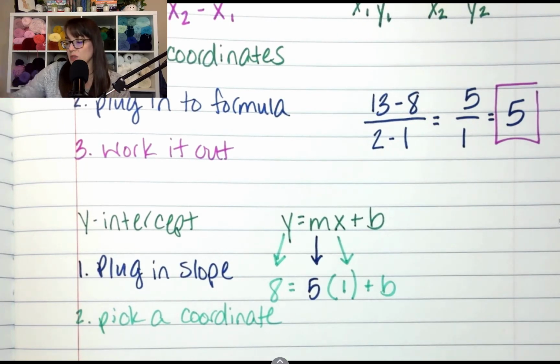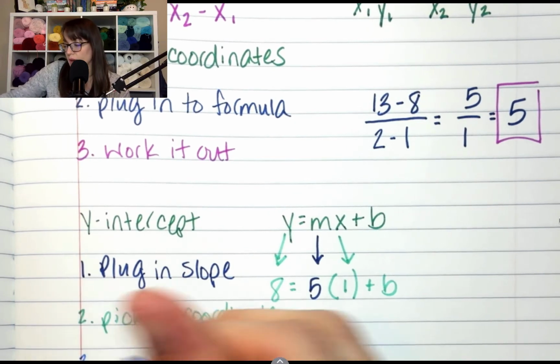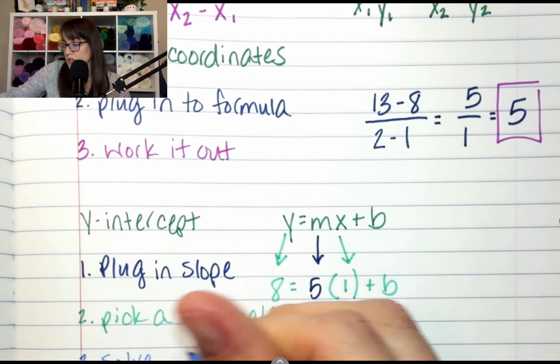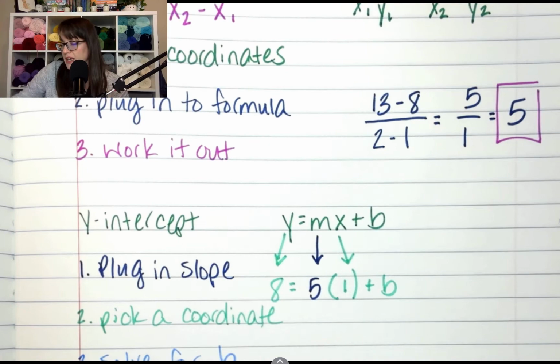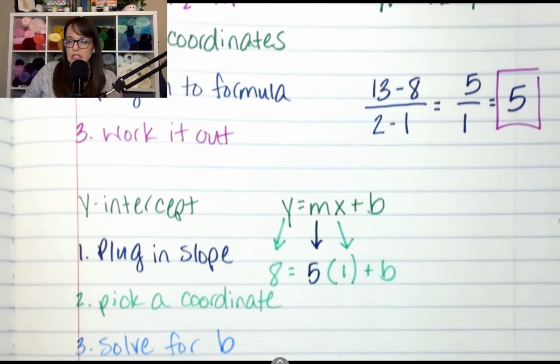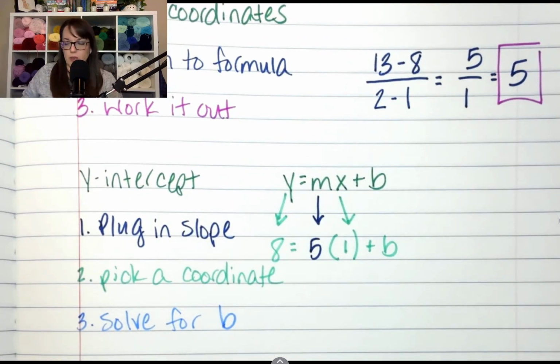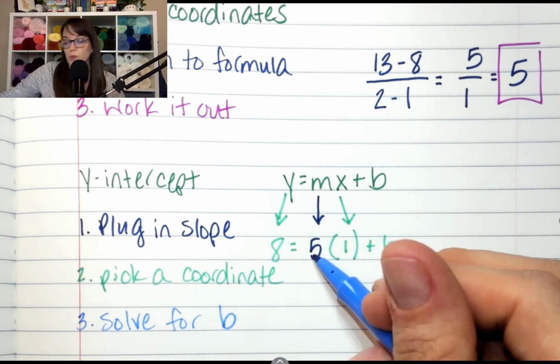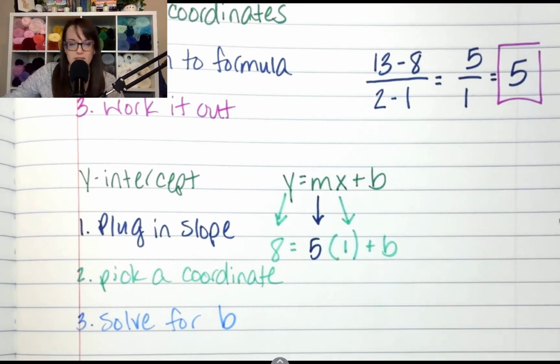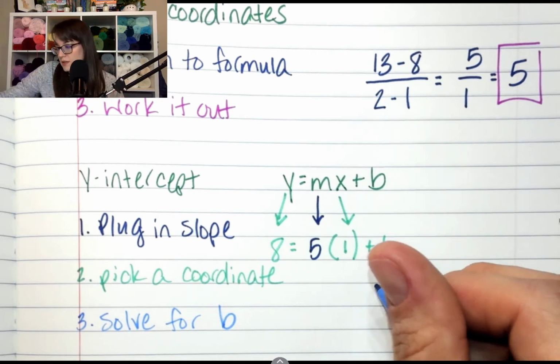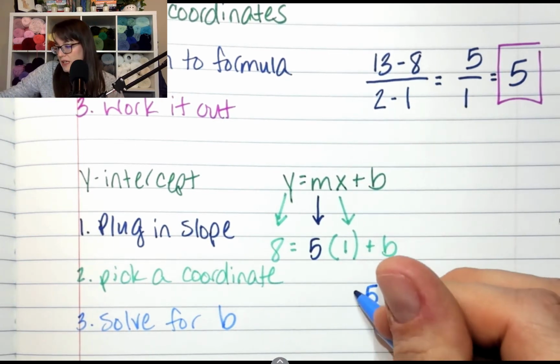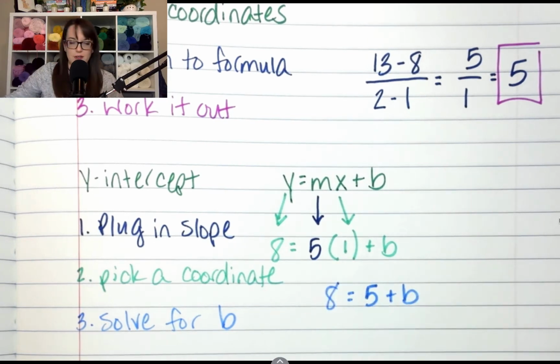The last thing I do here is I'm going to solve for b. Remember in 6th grade, when you solved your one-step equations, so let's simplify this a little bit. What's 5 times 1? It's 5. So I have 5 plus b equals 8.